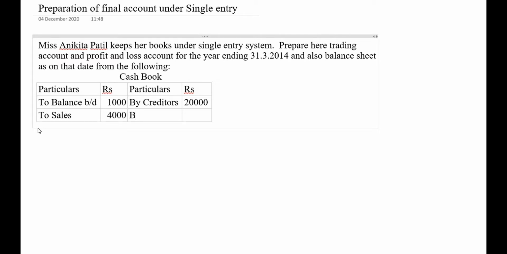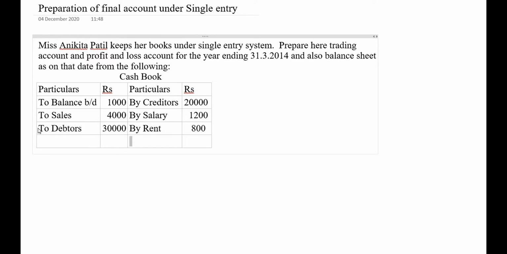By salary, then to debtors 30,000, then by rent 800.